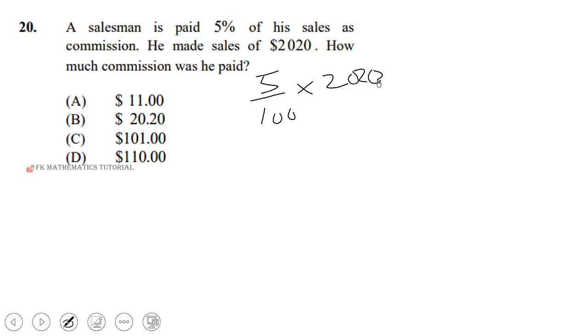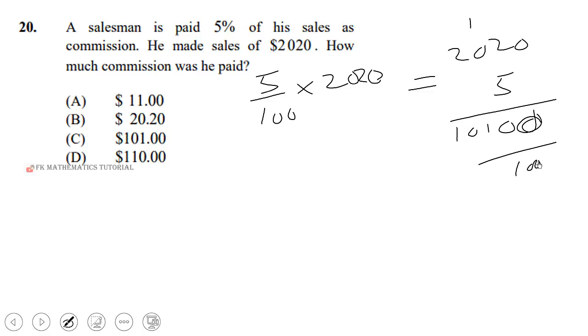So we just have to multiply 5 by 2020 and divide the result by 100. 5 times 0 is 0, 5 times 2 is 10, so 0 carry 1, 5 times 0 is 0 plus 1, so we have 1, then 5 times 2 is 10, so 10,100. Now divide it by 100 and that will give us 101. So his commission is $101.